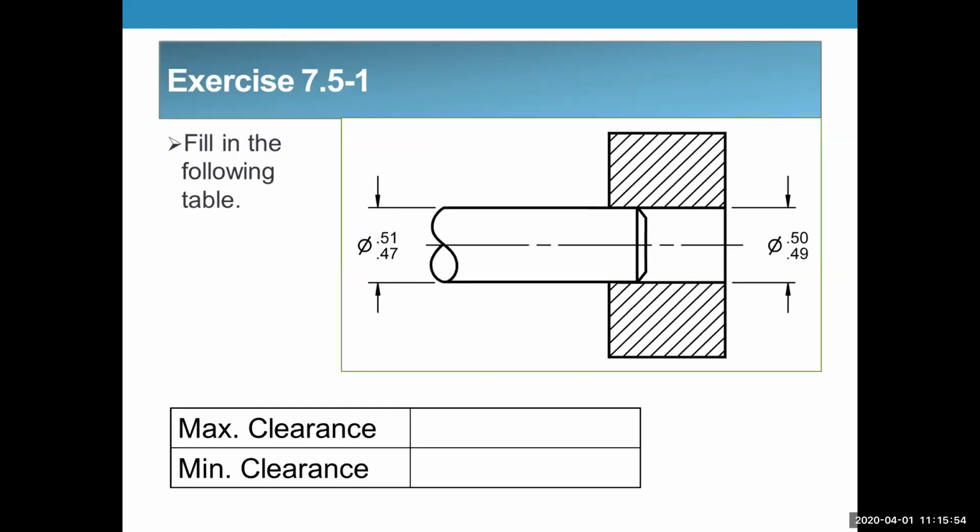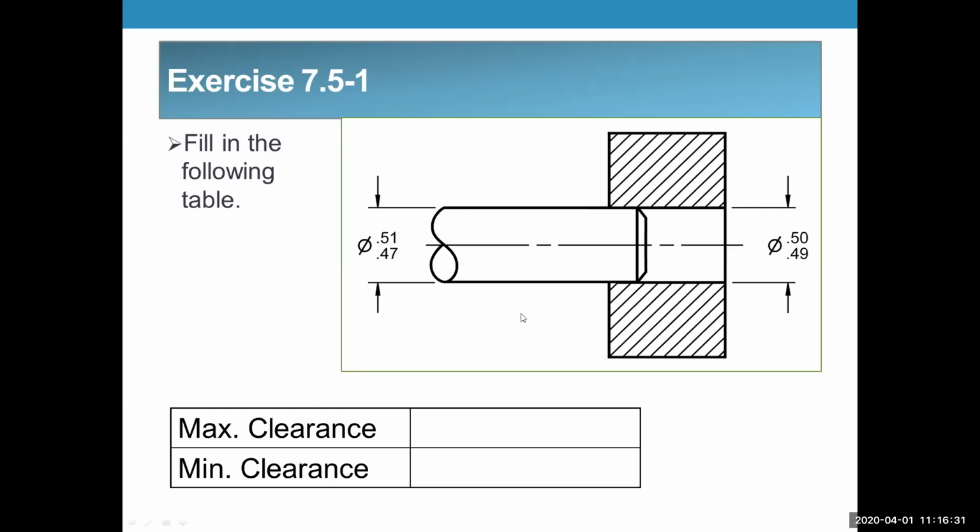So looking at our two examples again, what's the maximum clearance between these two? We're looking at the maximum clearance between the hole and the shaft. So that would be the smallest shaft and the largest hole, and it would be the difference between the two.